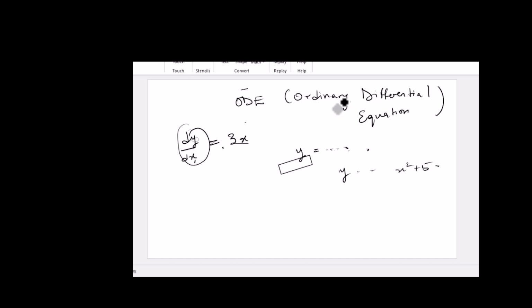For example, if you want to draw a graph, it's better to draw it with y equals something like x raised to power 2 plus 5x than just having dy/dx. So you're trying to simplify a differential equation, and that's what the topic is all about.